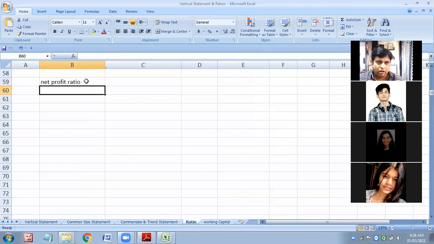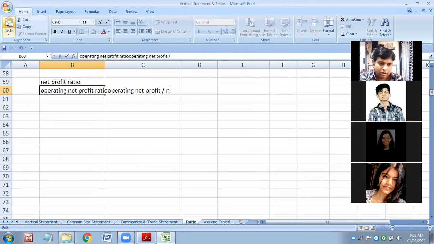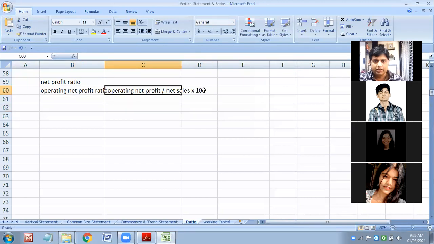The formula will be operating net profit upon net sales into 100.